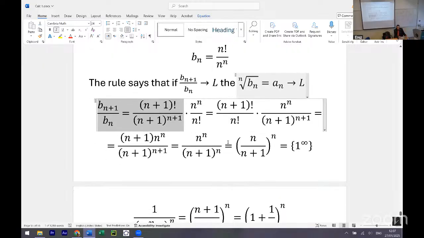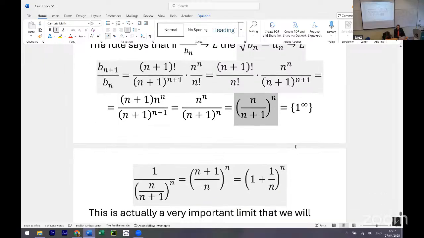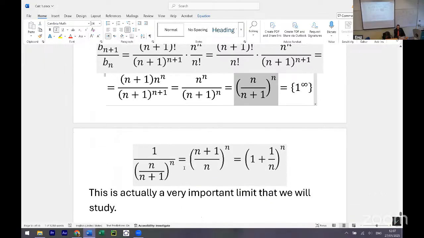And eventually we found this expression. The base of the power tends to 1, the power itself tends to infinity, and that's a problematic case. We're not sure what the limit is in such a case. And I saw that the inverse of this expression is 1 plus 1 over n, to the power of n. And I told you we don't know how to solve it yet, and this is very important.